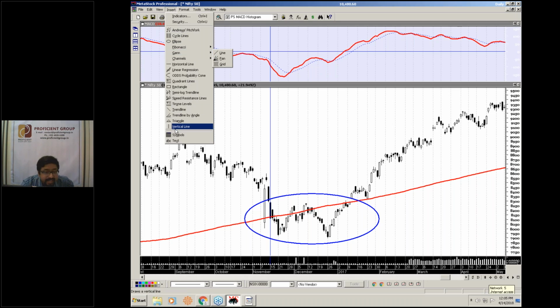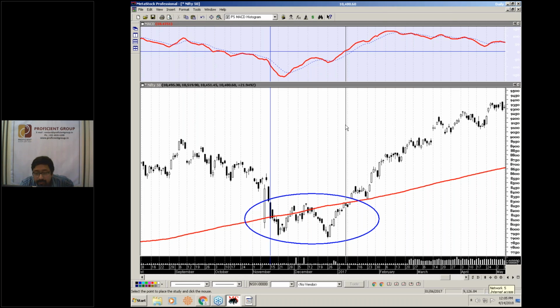When did MACD change its position from negative value to positive value? It is here, right? So prices were below the 200 DMA at this point. So roughly at around here or here, both the signals actually occurred, that the MACD was above its zero line and the prices were above the 200-day moving average.